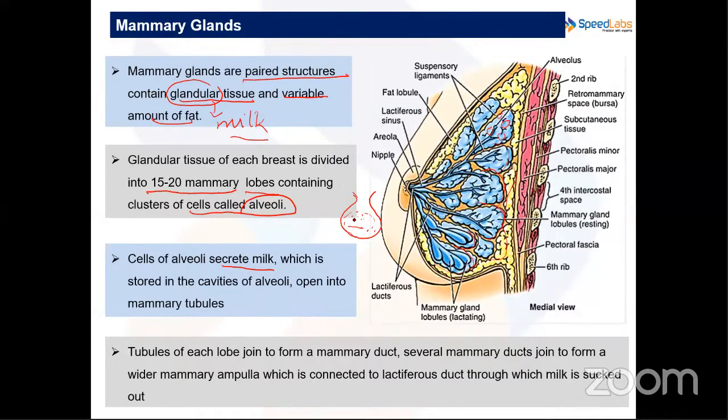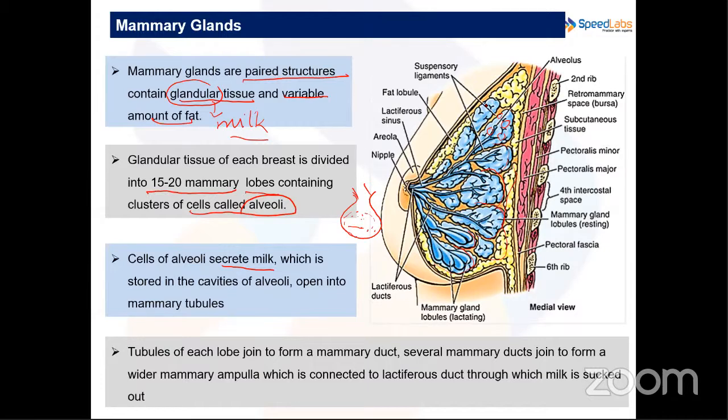Okay, and the alveolus opens into mammary tubules. So if there are many alveoli, and all of them have a duct, these ducts open into mammary tubules. So how is the organization?